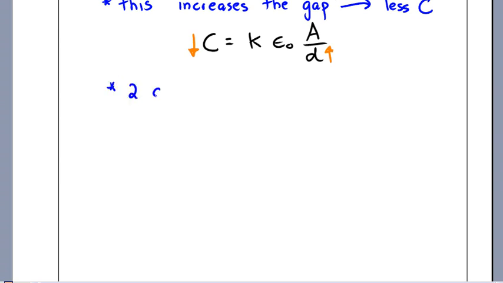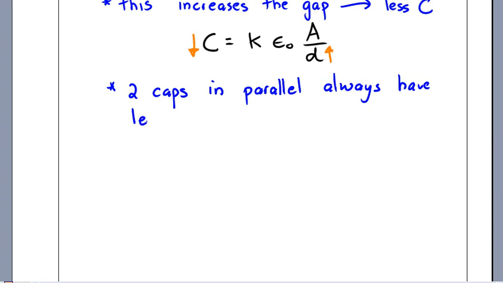Two capacitors in series always have less C than either one.